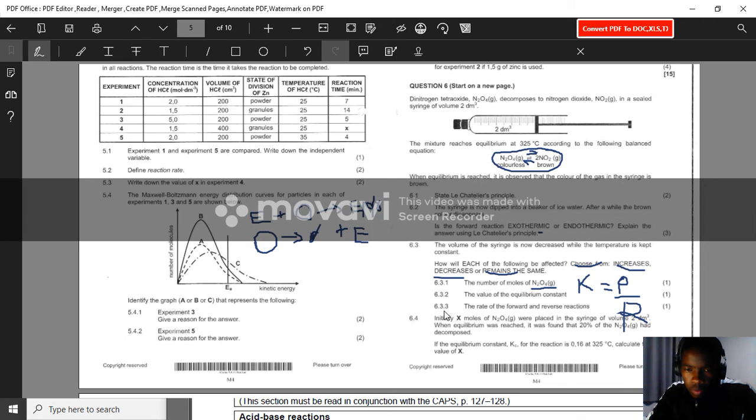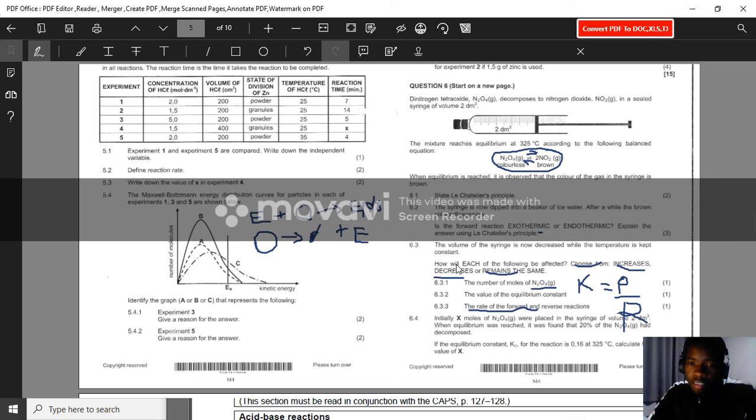So what are they saying here? 6.3.3. The rate of forward and reverse reaction, what will it do? Will it increase, decrease, or remain the same? Actually I have just said this about the forward and the reverse reaction.